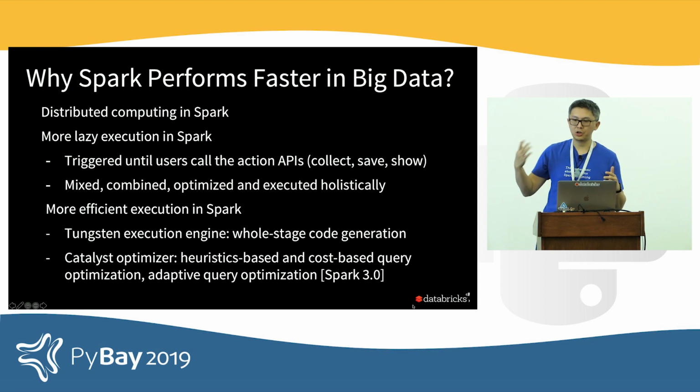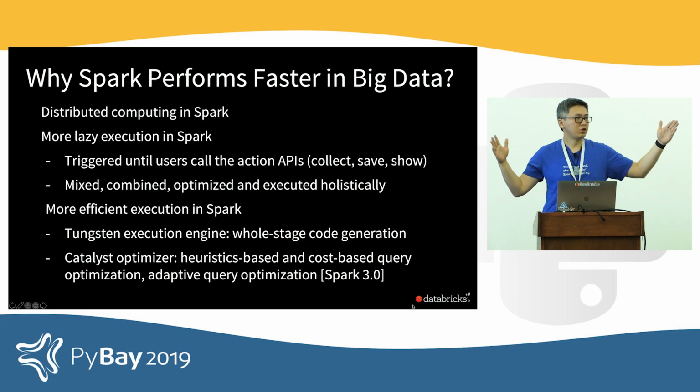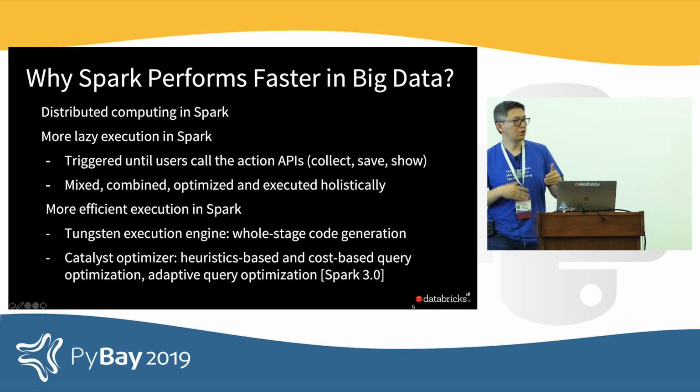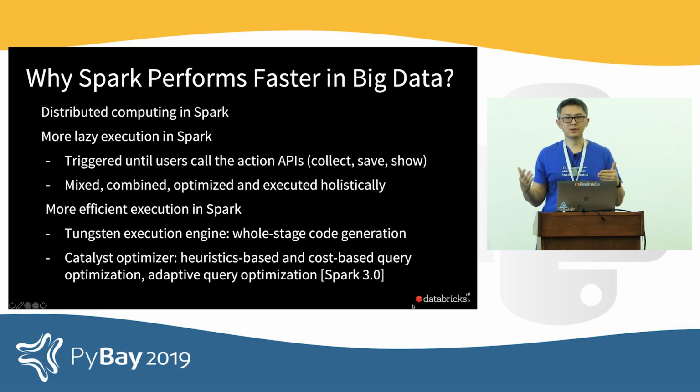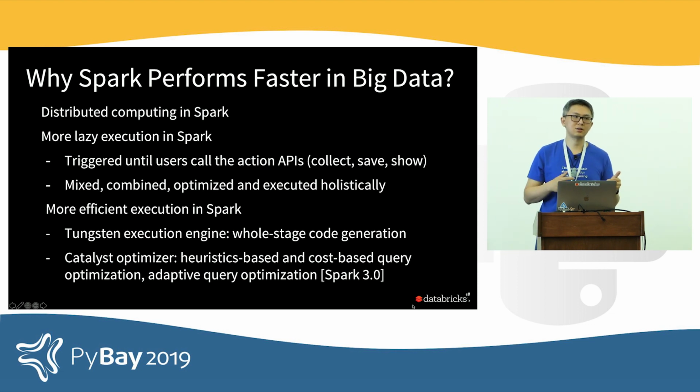When you trigger the execution, we build a big logical plan based on your Spark API calls. We mix, combine, reorder, optimize, and execute it, so the optimization and execution is holistic. Also, Spark execution is based on the last 30 or 40 years of database research.